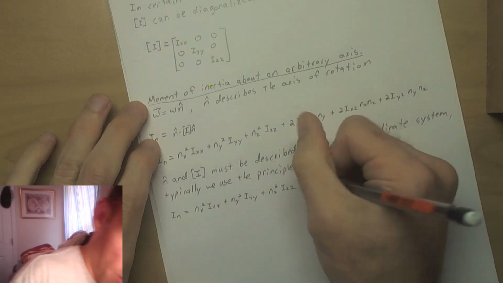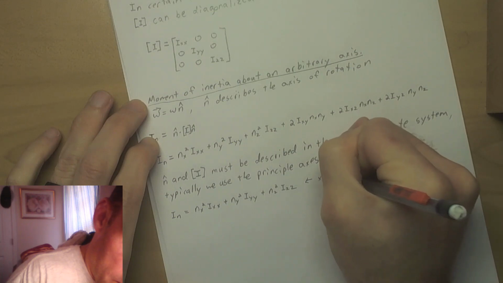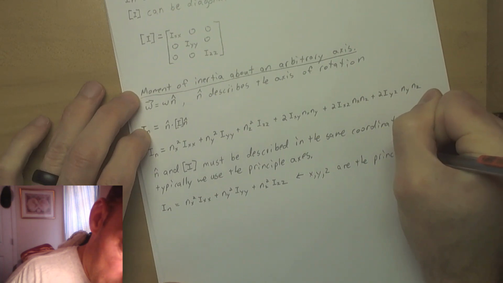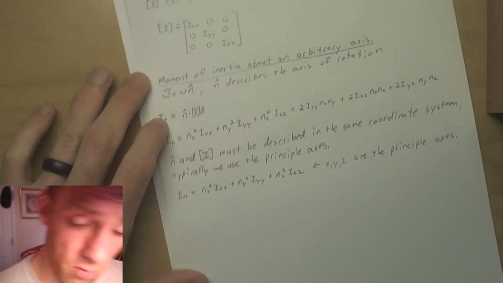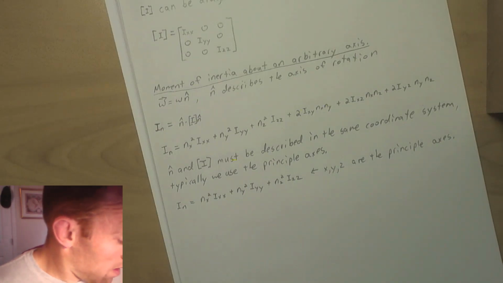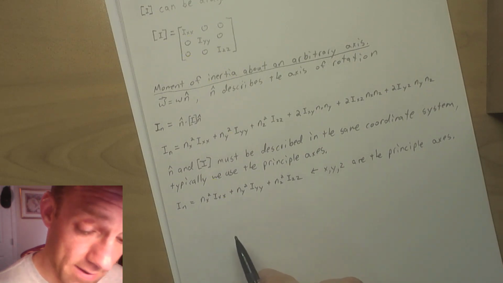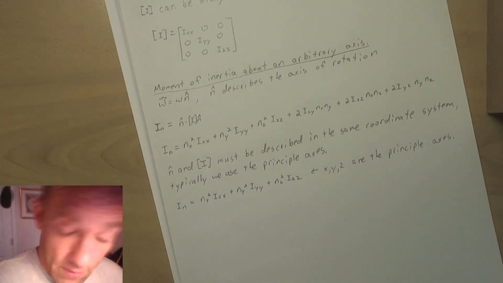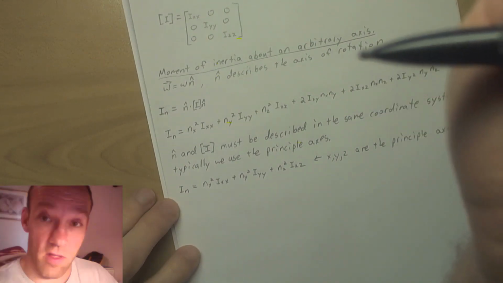So if x, y, and z are the principal axes, centered at the center of mass, with the origin's position at the center of mass typically.